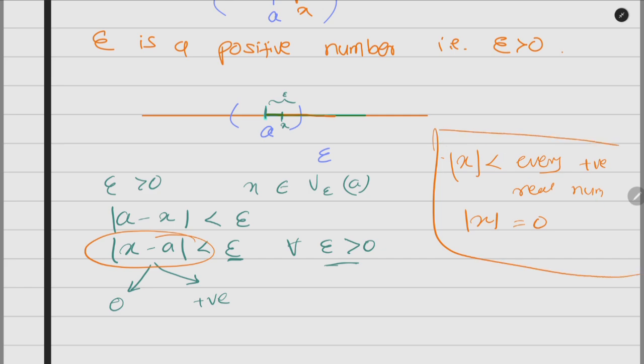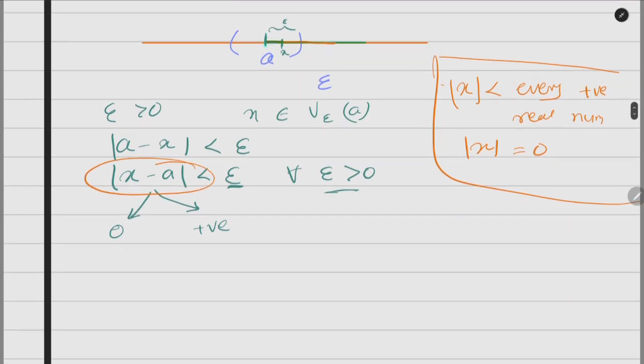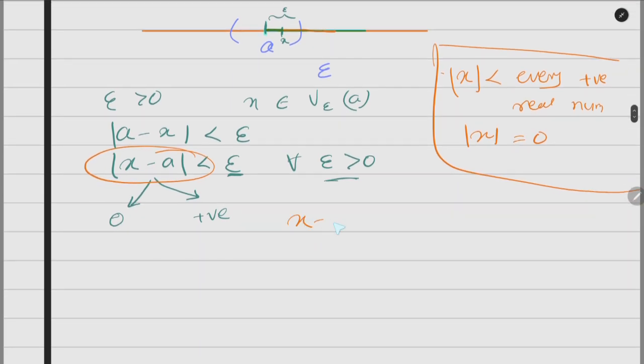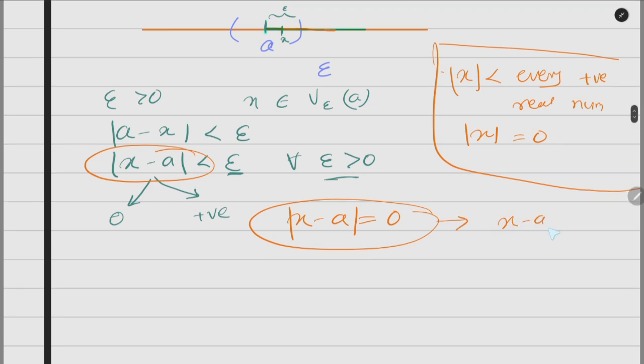Okay, keep it in mind, and you can see it's a general thing. So what will happen? X minus A will be equal to 0. Done. So this is the thing we need to prove at last. X minus A is equal to 0.